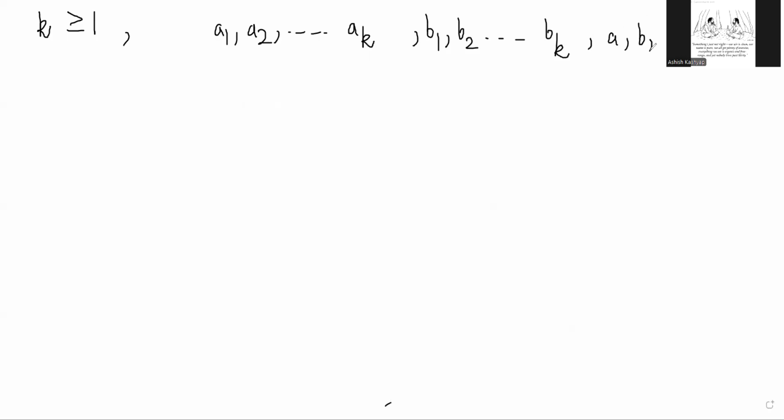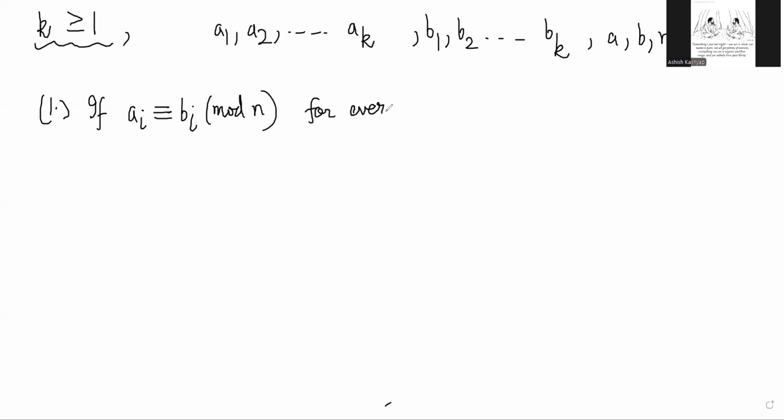These are all integers. The only condition is that k is greater than or equal to 1. Now we are looking at some generalizations. So we are saying if ai is congruent to bi mod n for every i from 1 to k, then what is the generalization?